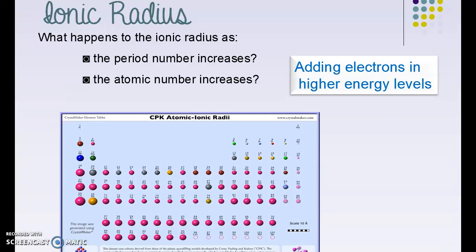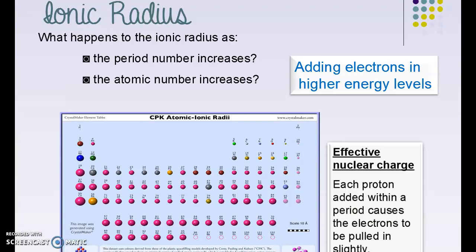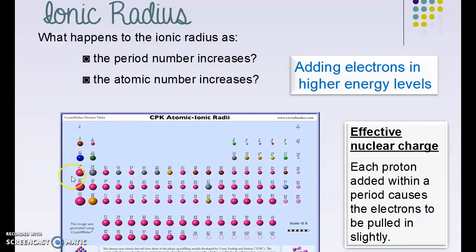The attractive forces between the nucleus and the electron cloud become weaker as I add electrons into greater energy shells, and so therefore it spreads out a little bit more.